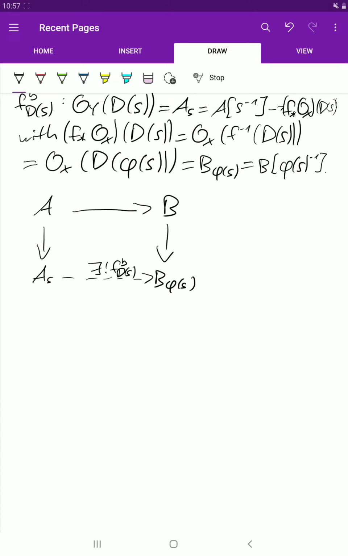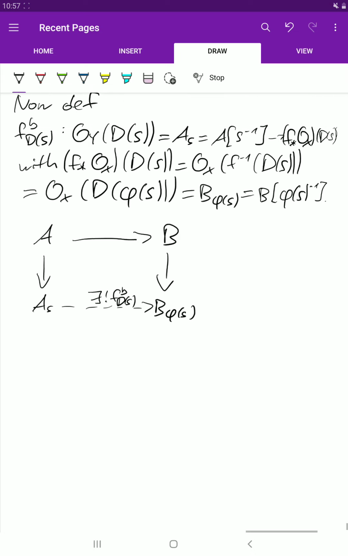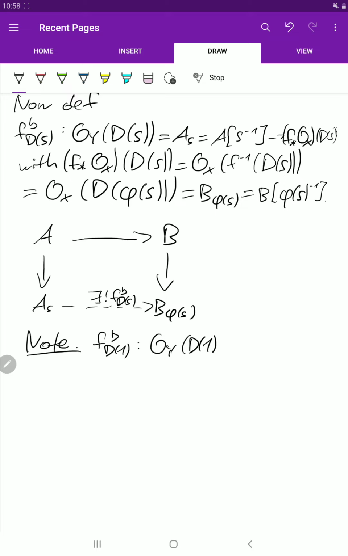So that's good, because now we have a morphism of ringed spaces, and we'll soon check that it's a morphism of locally ringed spaces. But first, let me give a short remark. If we look at D(1), then we have O_Y of D(1), that's just A, into B, and this map is in fact just phi.